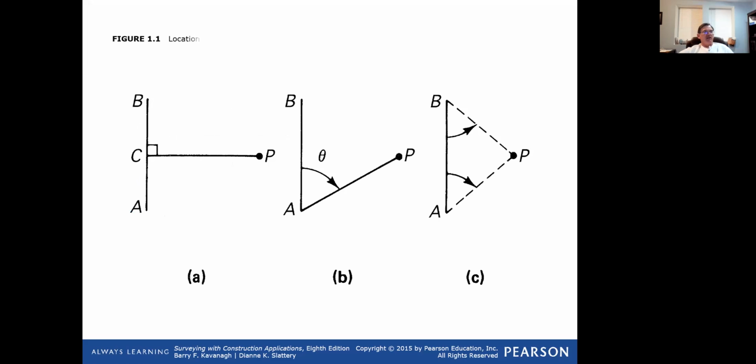What I want to show you here, oh, went too far. This is a rectangular method. You can use this in construction. You have a straight line, you pull a distance down, you measure over on a 90-degree angle, and you put a point in. I used to do that 30 years ago or more.